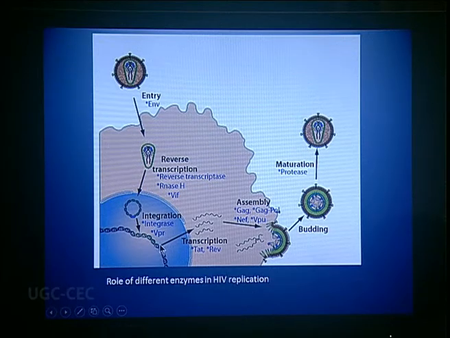So this is integration brought about by integrase and VPR. And then this host DNA will actually show transcription, producing the viral RNA, and that will be mediated by the TAT and the REV. And this particular viral RNA and the protein produced by those RNA will now assemble with the help of the GAG, POL, NEF and VPU, and this is how the bud is formed, and the budding is giving out the viral particles. So this is a unique life cycle of HIV.